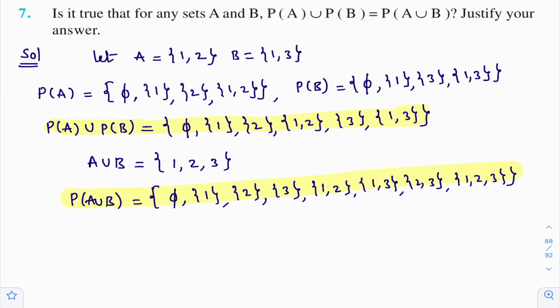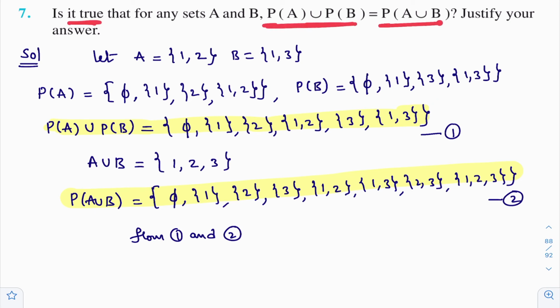Now you observe this 1 and 2. You take P of A union P of B as 1, and P of A union B as 2. Are these two sets equal? You can easily understand that in P of A union B this element is there, but that element is not in this set. So from 1 and 2, is it true that P of A union P of B equals P of A union B?